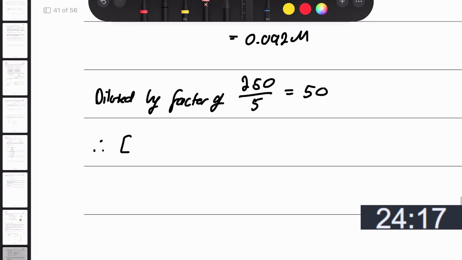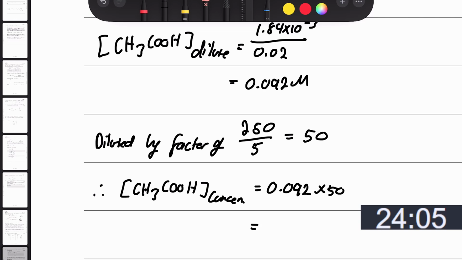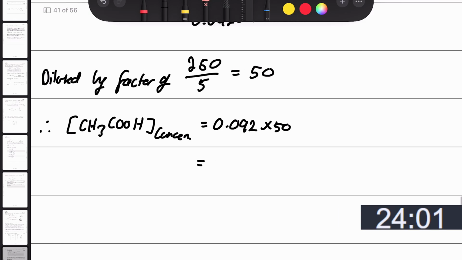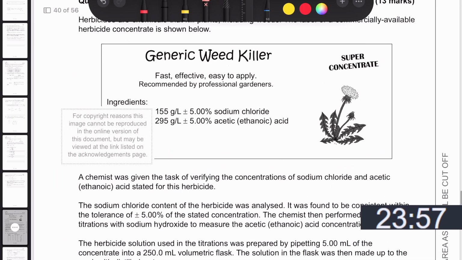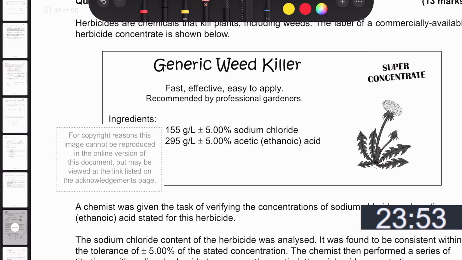Therefore, the concentration of CH3COOH concentrated equals 0.092 times 50, which is 4.6 moles per liter. Now grams per liter.